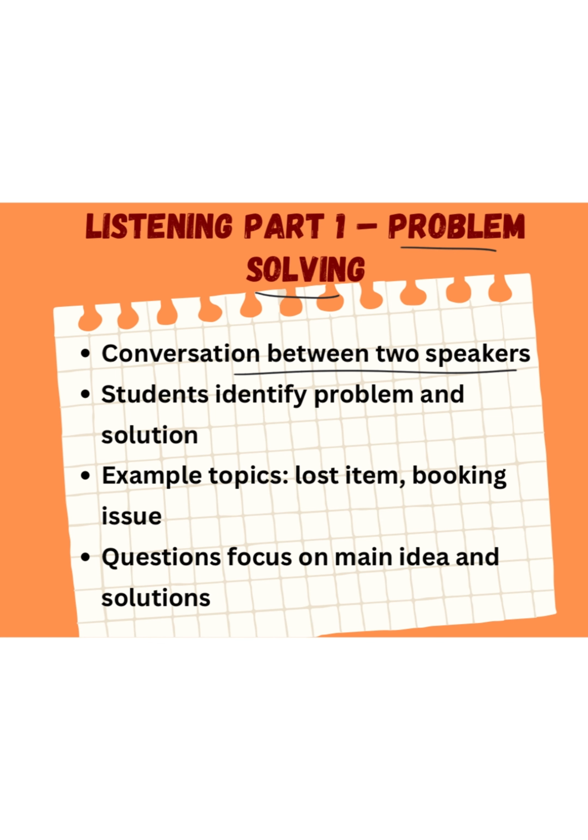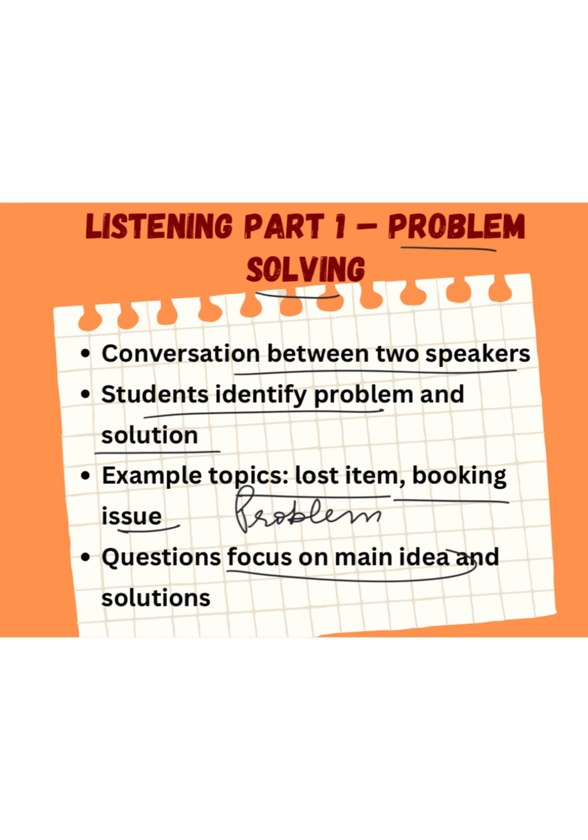Usually there is a problem and they are trying to solve it. So you have to identify the problem and the solution. The examples could be a lost item, booking issue or any other random problem. Your job is to identify what the problem is and what solution is being discussed. So you have to focus on the main idea and the solution that is given.